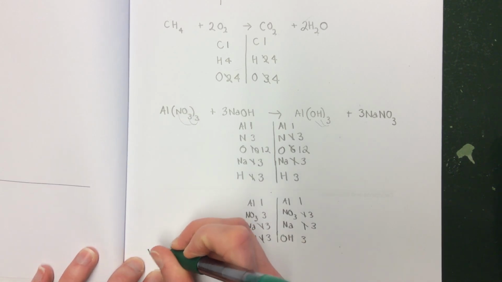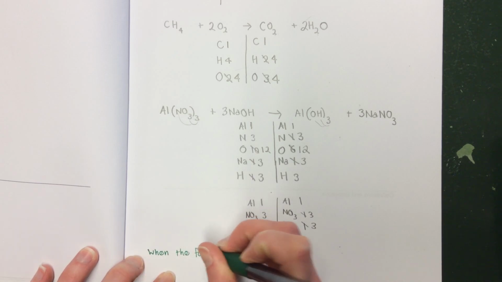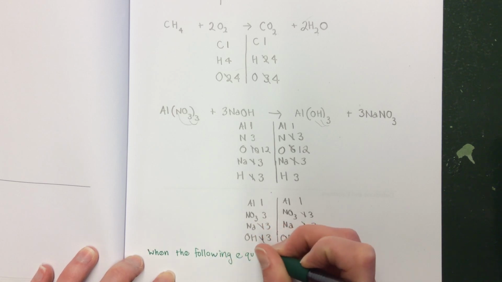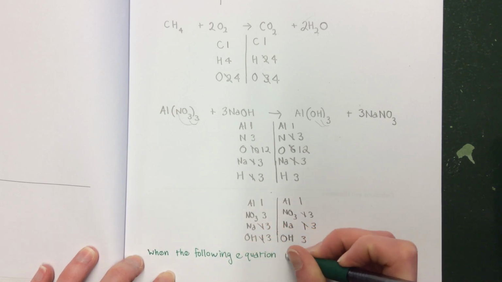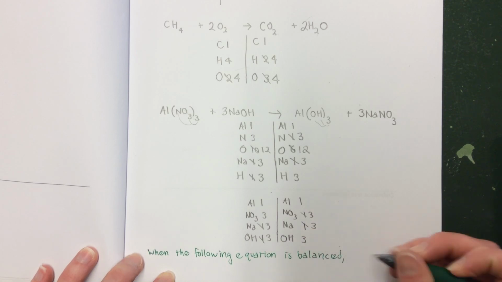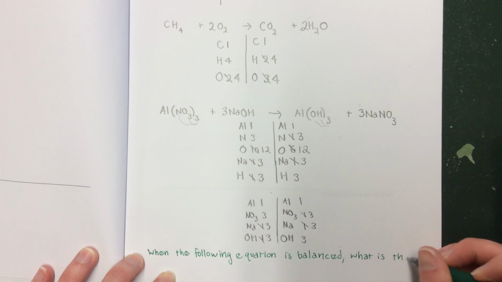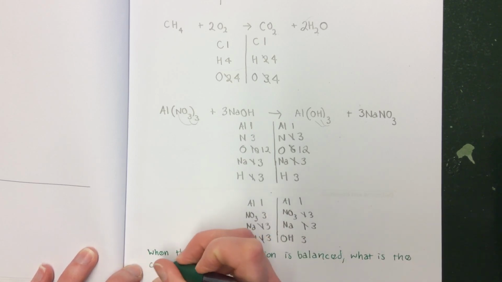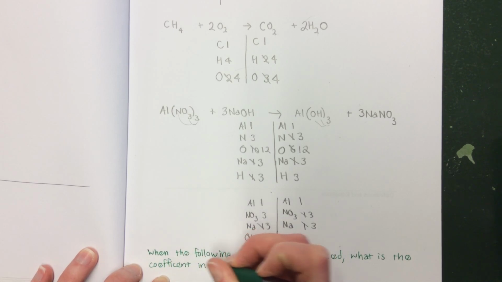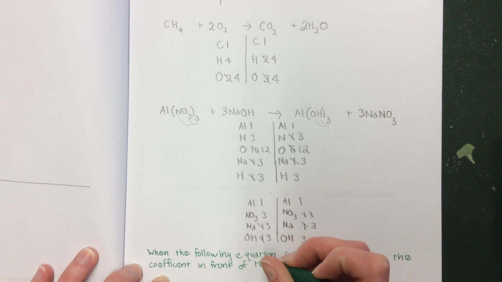One last thing I just want to mention. You might get questions on Canvas that look like this. This says, when the following equation is balanced, what is the coefficient in front of HCl?